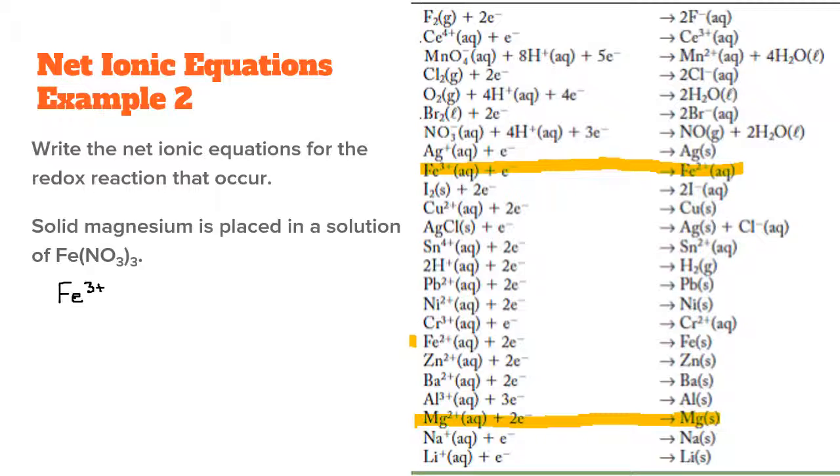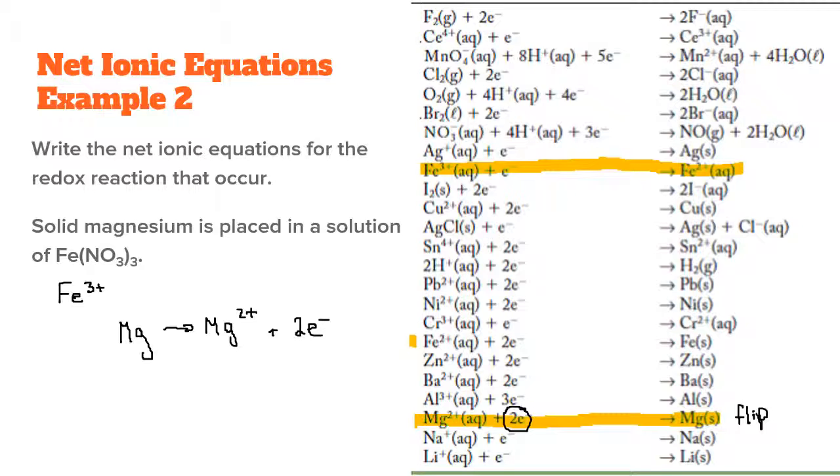And solid magnesium needs to be on the reactant side, which means this one down here needs to be flipped or reversed. And so that's going to give us magnesium, just solid metal, giving up its 2 electrons to form magnesium 2+ and 2 electrons. Now in this equation we have 2 electrons.